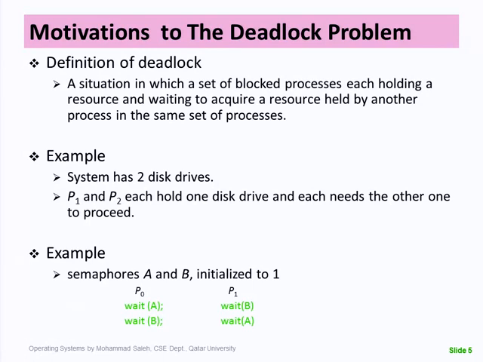So now P0 is holding resource A and P1 is holding resource B. Neither of them can proceed because each one of them is requesting the resource that's held by the other. P0 wants resource B, currently held by P1, and P1 wants resource A, currently held by P0. So if that's the execution code of these 2 processes, none of them will progress. None of them.